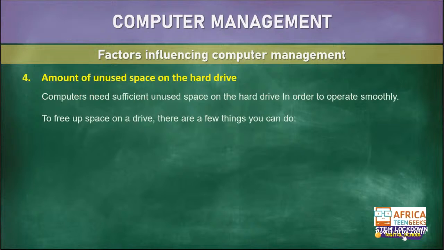Then factor number 4 that influences the management of a computer is related to the amount of unused space on the hard drive. Computers need sufficient unused space in order to operate smoothly.